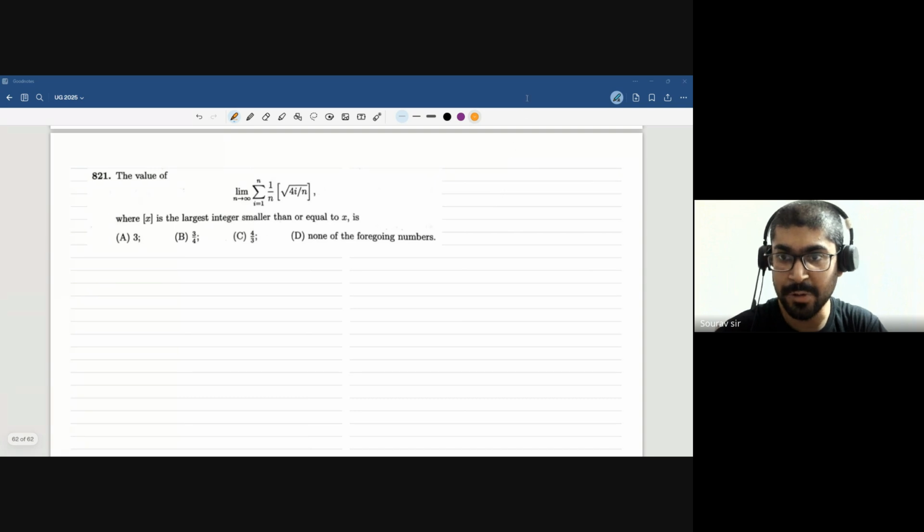How would you know that you need to transfer this into an integral? Because that 1 by n outside will give you the clue. Okay. That is the way in which you transfer limits into Riemann integrals, definite integrals.